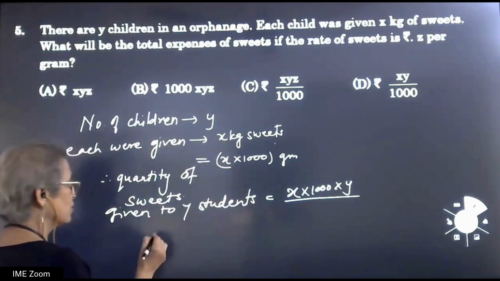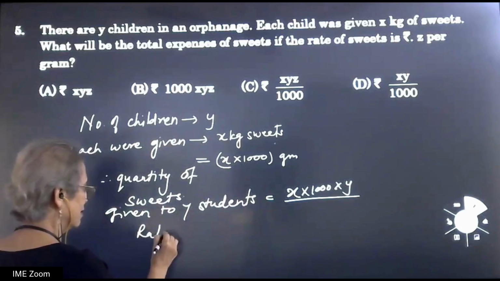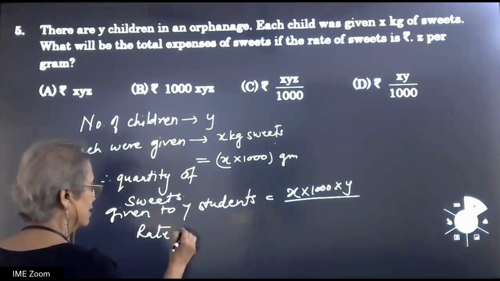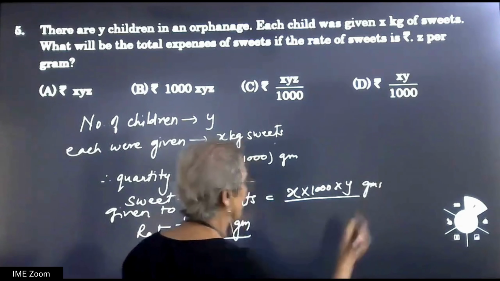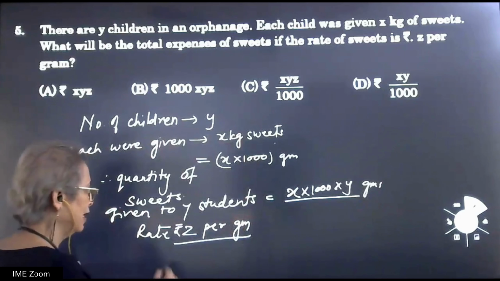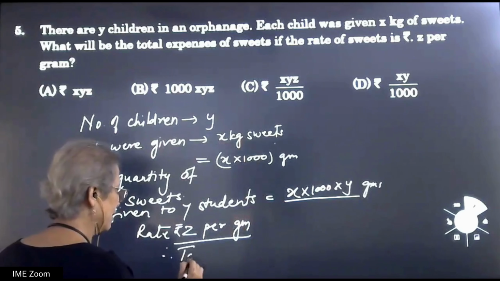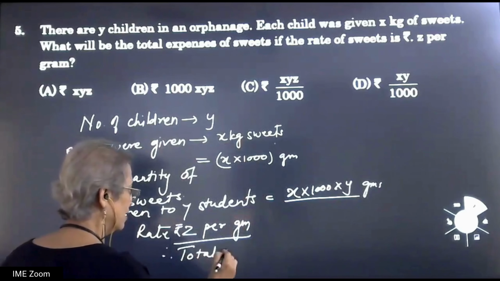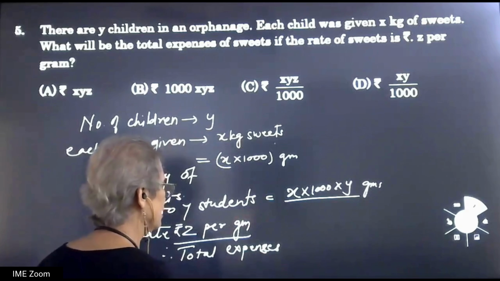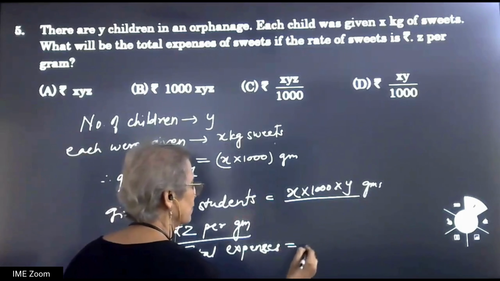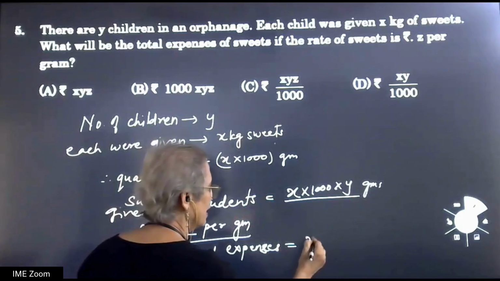Rate is given, rupees Z per gram, and these are grams. So simply multiply them, right? Therefore total expenses is equal to X into Y into Z into 1000.